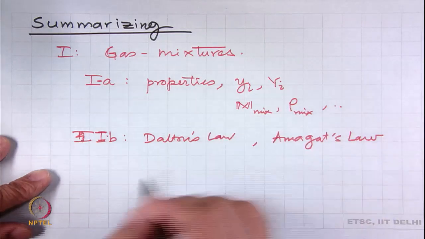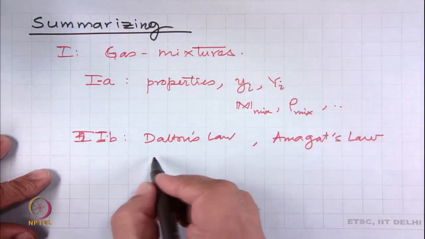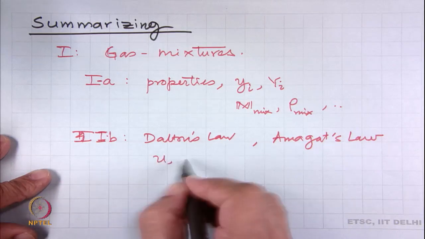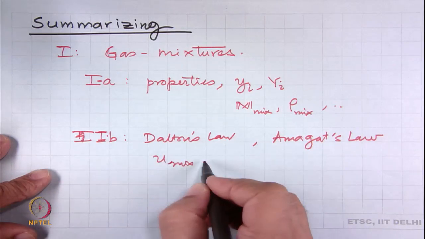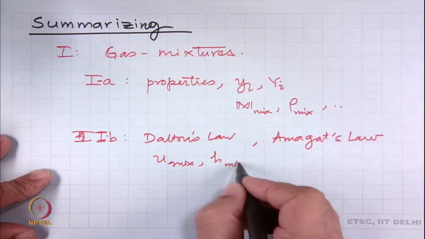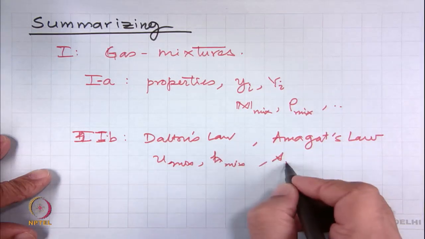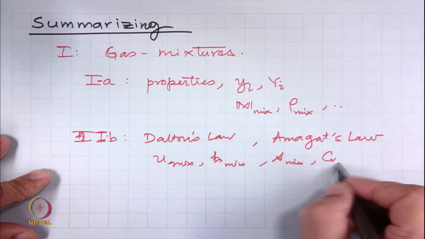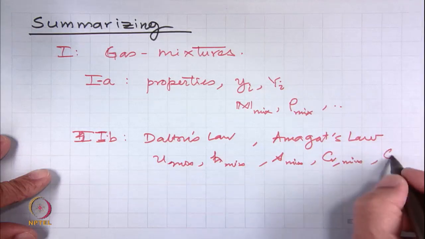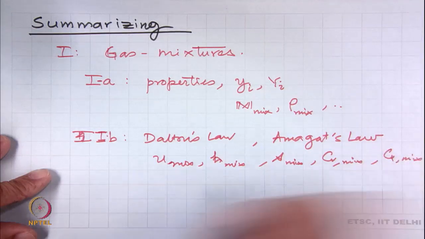And using these and what we learnt earlier, we were able to get the mixture properties U mix, H mix, S mix, Cv mix, Cp mix.